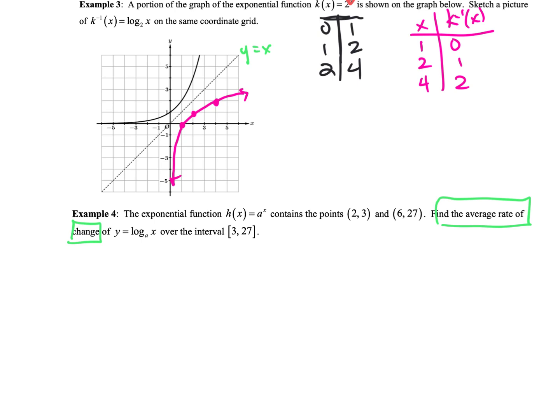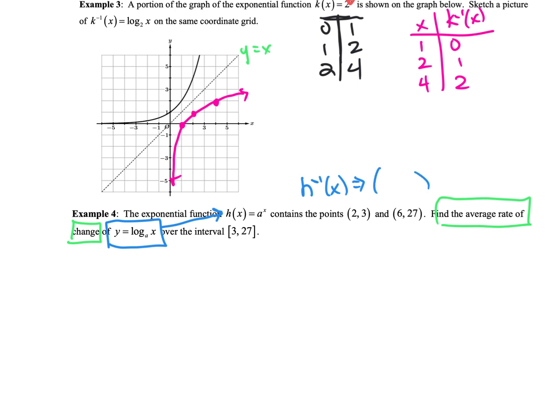Then it says, find the rate of change of y equals log base a of x. One of the things we have to recognize is what's true about h and that new log function. What's their relationship? They're inverses, okay? And so if the original function has the points 2, 3, and 6, 27, what's my inverse function going to have?